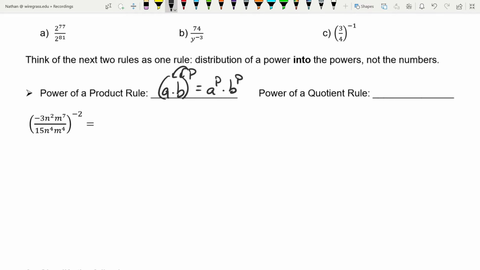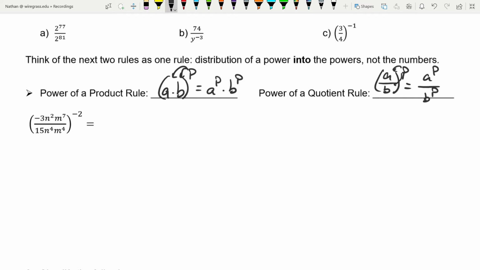It's not a times p and b times p. It's a to the power of p and b to the power of p. The same thing applies for division, since multiplication and division are really the same operation. This gets distributed: a to the p, b to the p.